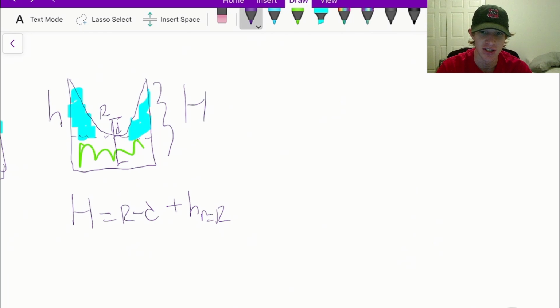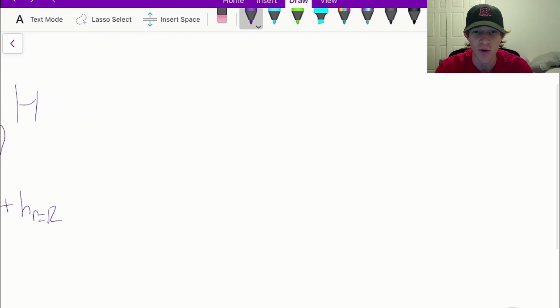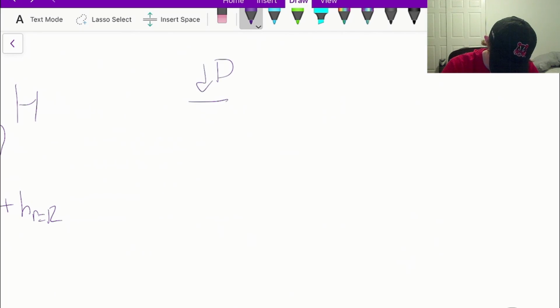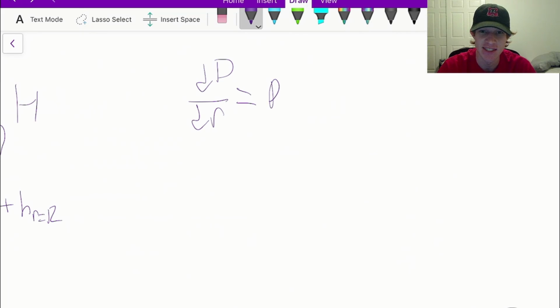So now that we have that cleared up, to begin, we want to start by finding this h at the radial point of the radius of the cup. So to start that, we know that the basic law of statics is the change in pressure over the change in radial point is equal to rho, which is the density, times the acceleration, which in this case is omega squared times r.